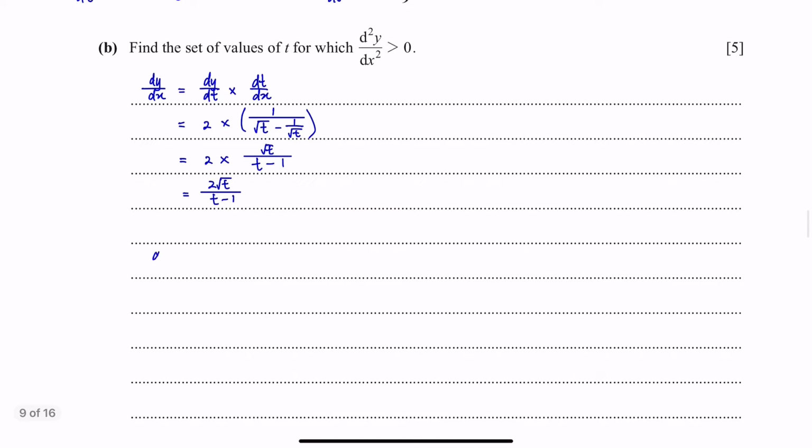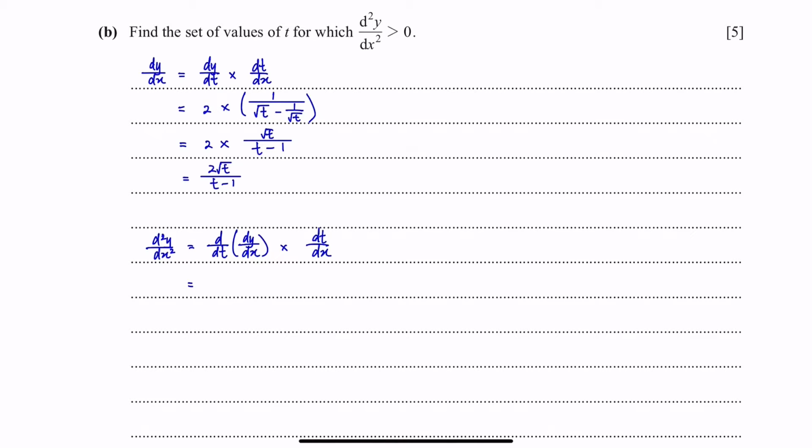And now you can find d2y over dx squared. And this is basically the derivative of dy dx times dt dx again. So you just have to differentiate this one more time, times dt dx.